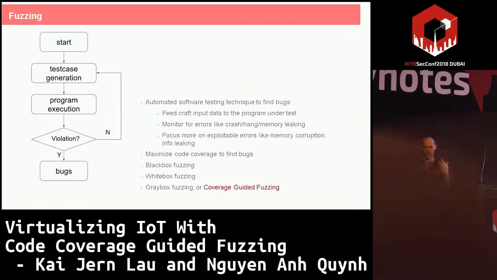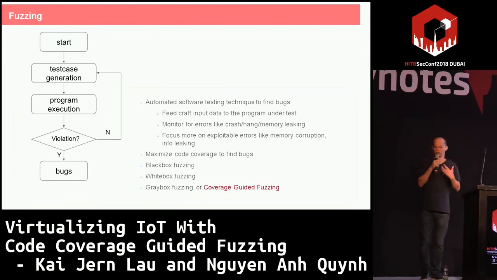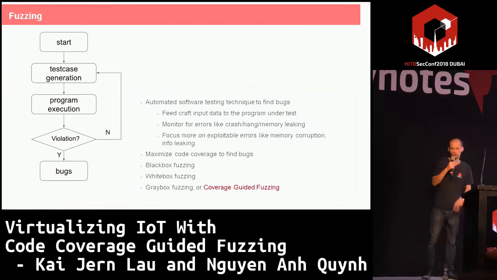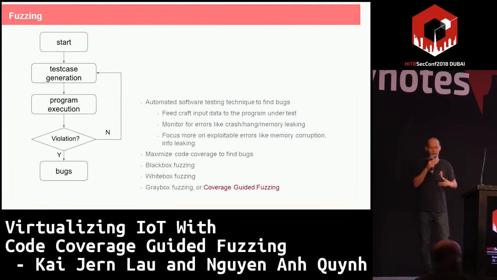Before we fuzz the program, we use many heavy and complicated program analysis techniques to understand the program structure. So we know very well how the program parses the input, and based on that information, you can produce better input for the fuzzer. You can see that the black box fuzzer is kind of dumb because we do not know how it works inside. We just try to produce some random input and hopefully the program crashes or something.